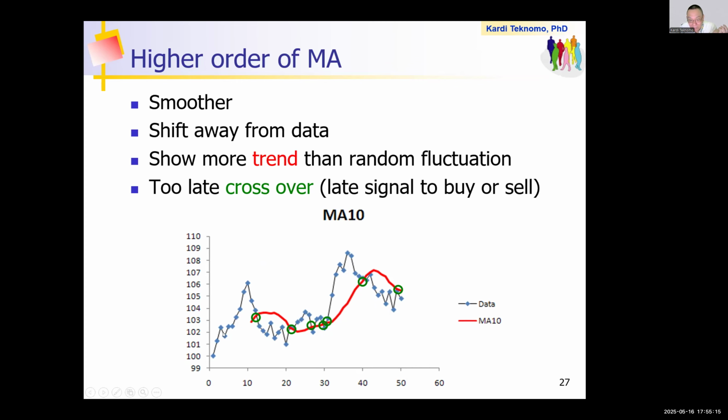When the price goes down, the MA will also go down slowly, and at the next crossing, that means the price will go up. Again, the price will go down here.